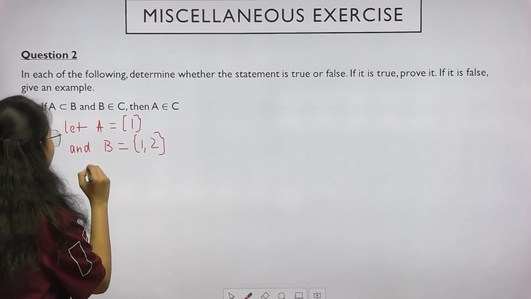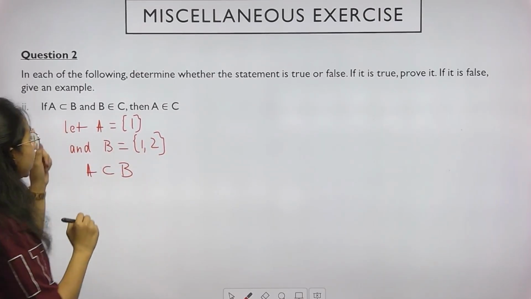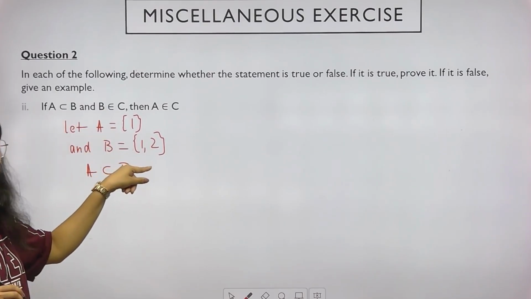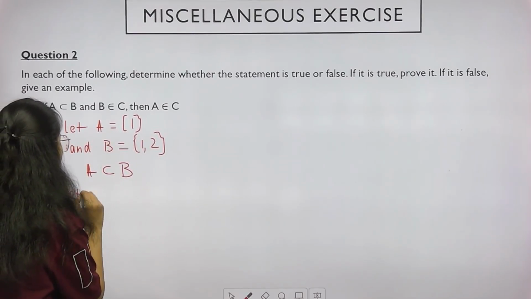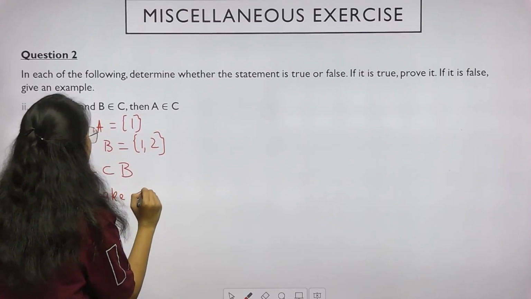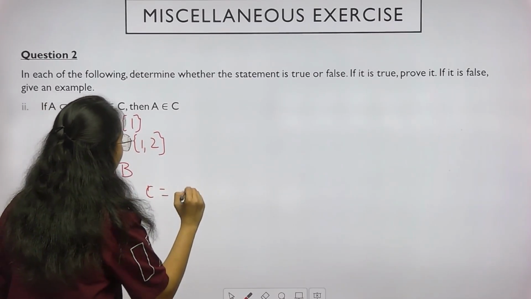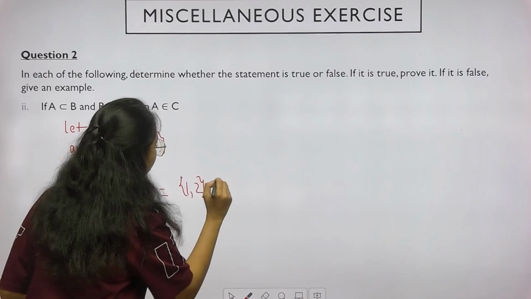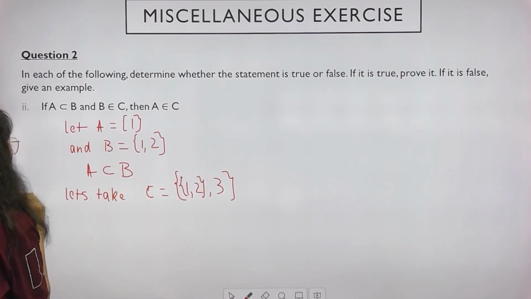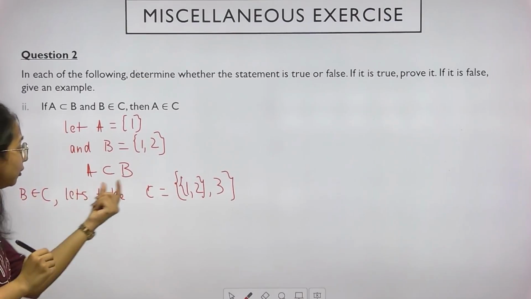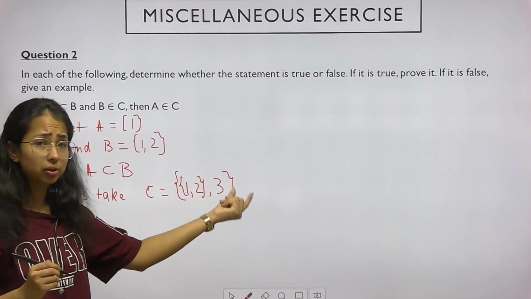Here clearly A is a subset of B because the elements of A are a part of the elements of B. Next, let's take C as curly bracket 1, 2, 3, because B belongs in C.